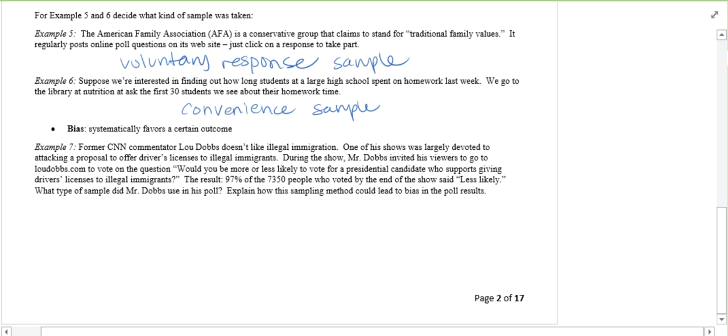Okay, so think about that for a second. Was he using voluntary response or a convenience sample? Okay, this is a voluntary response. They chose to participate in the survey because they went to his website and filled it out. So he used a voluntary response sample. So we're just going to write that down.